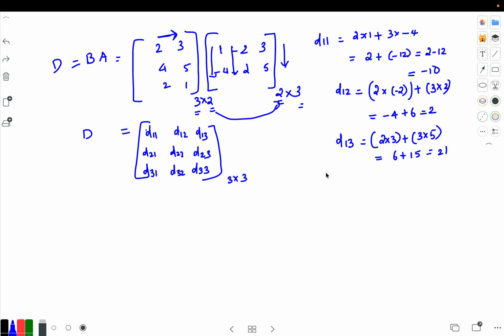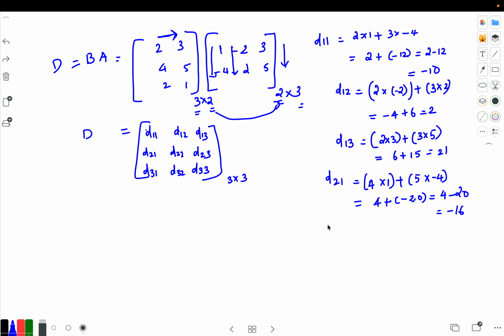Then we find D21. D21 is the sum of the products of the second row with the first column, that is 4 into 1 plus 5 into minus 4, which is 4 minus 20, that is minus 16.